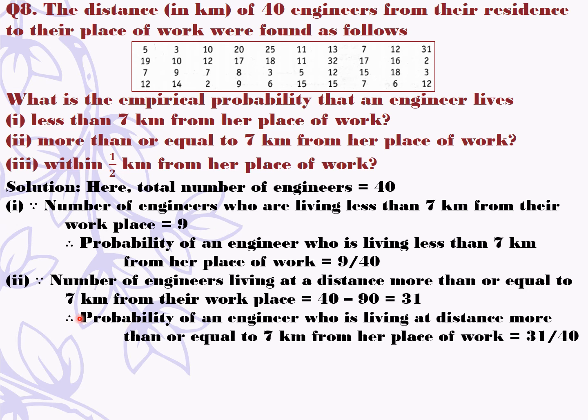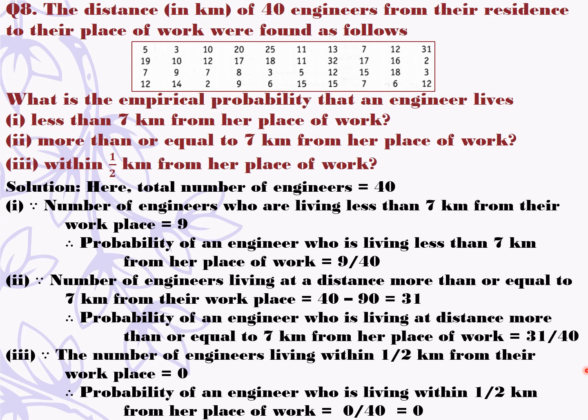So the number of engineers living at a distance more than or equal to 7 km from their workplace is 40 minus 9, that is equal to 31. Therefore, the probability of an engineer who is living at a distance more than or equal to 7 km from her workplace is equal to number of favorable outcomes, that is 31, by total number of outcomes, which is 40.